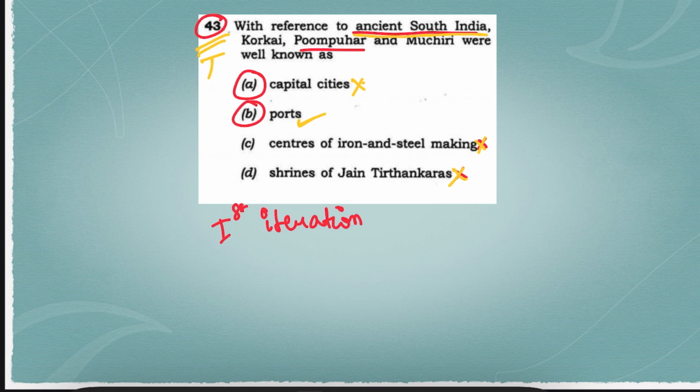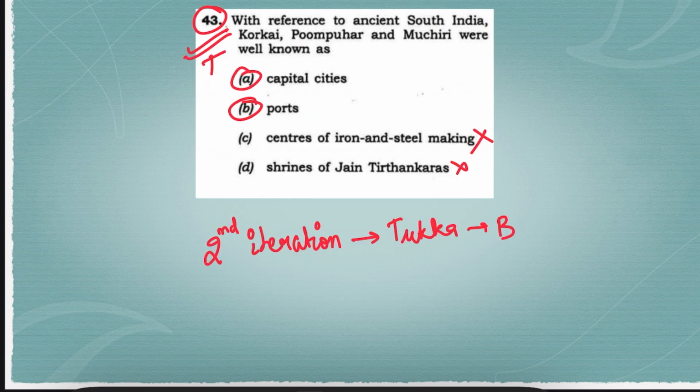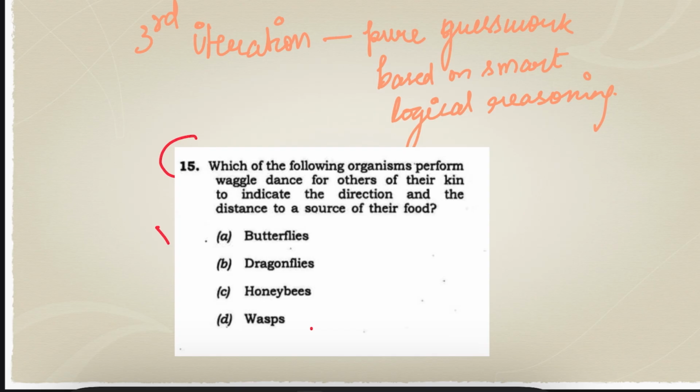Here we have to tell which of the following organisms does a waggle dance for others of their kin to indicate the direction and the distance to a source of their food. Now I'll cross out option B and D because we hardly read about these species in our environment syllabus, be it static or current affairs, except when these species are in the news.